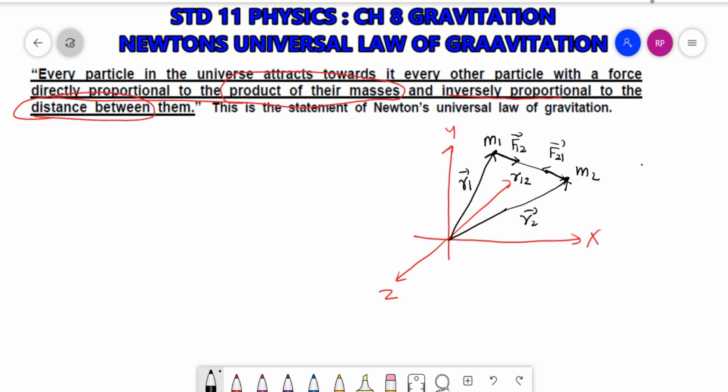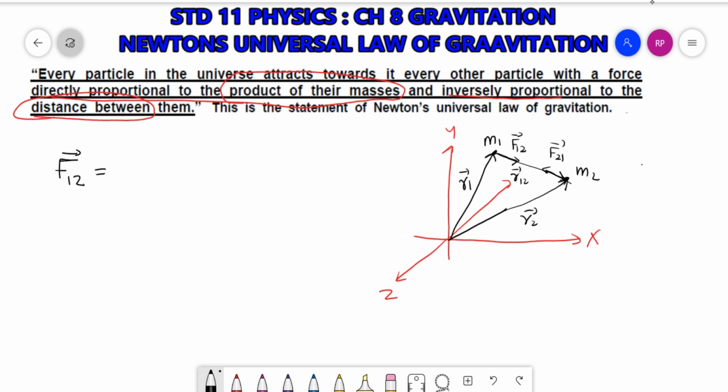If I take this direction, then that will be r12. Now the force will be attractive. So the force acting on 1 due to 2 is directly proportional to m1 m2 and inversely proportional to the square of the distance between them.